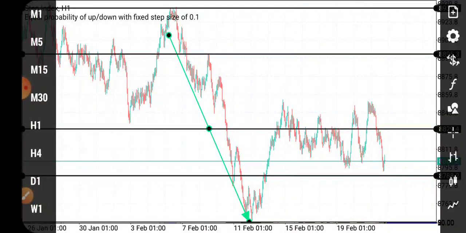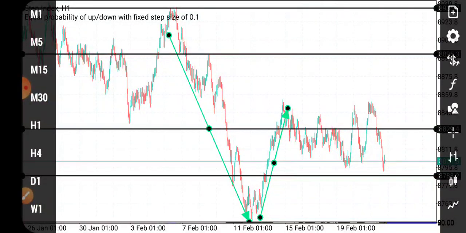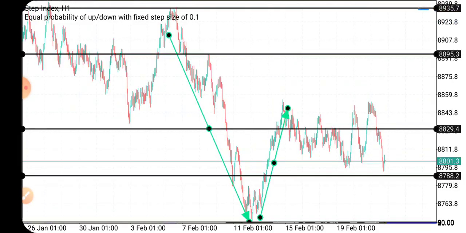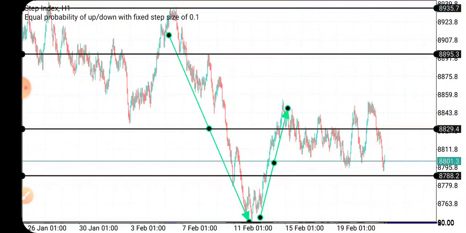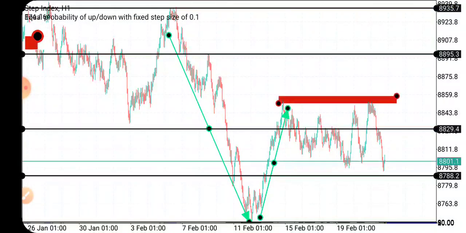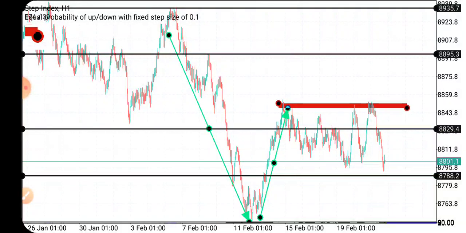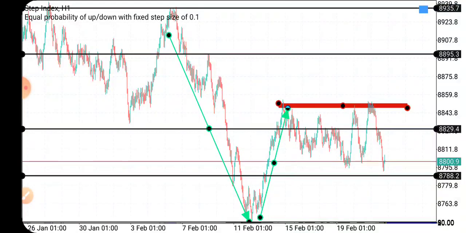After the downtrend, there was a pullback to this point. You can see the pullback to this point, guys. After this pullback, the price started ranging between two points, between here and here.